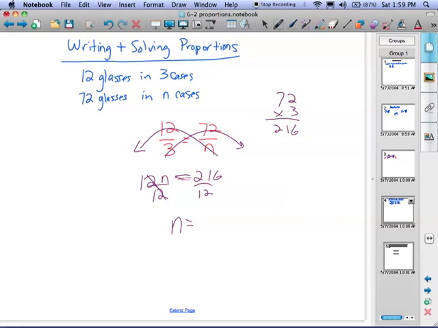Well, 216 divided by 12, we don't know it off the top of our heads, so we're going to do long division. And simplifying down, we get n equals 18.